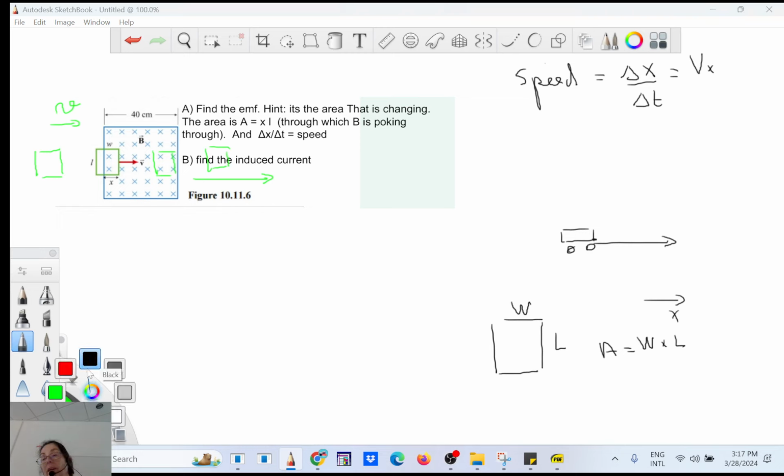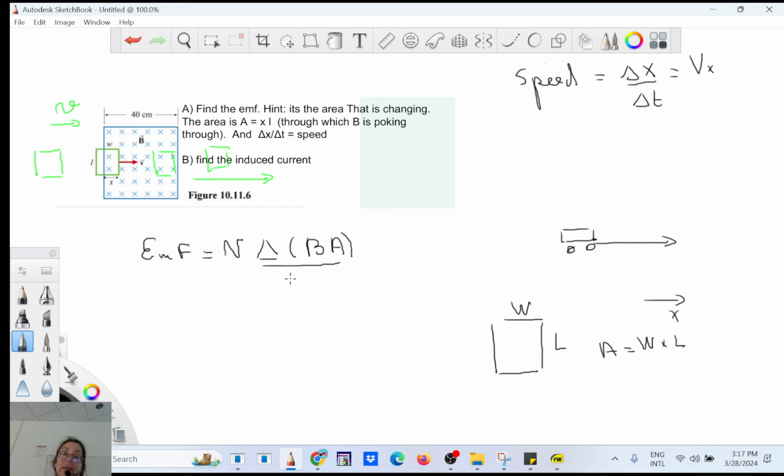So if I write down the EMF, it's going to be the number of loops, so in that case, it's going to be 1. And then it's going to be the change in the number of field lines poking through per time. So what is changing in that case?